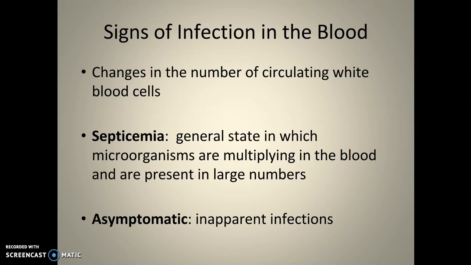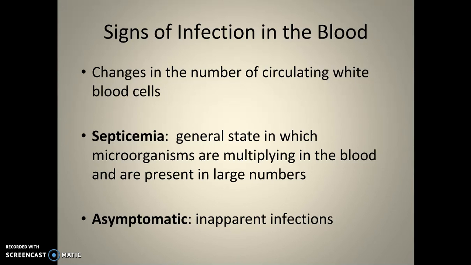All right, so your white blood cells are responsible for fighting off infections. A lot of times, to diagnose that somebody has an infection going on, they'll just do a white blood cell count. And if they notice that you have elevated white blood cell counts, then they know that your immune system must be actively trying to fight off an infection.